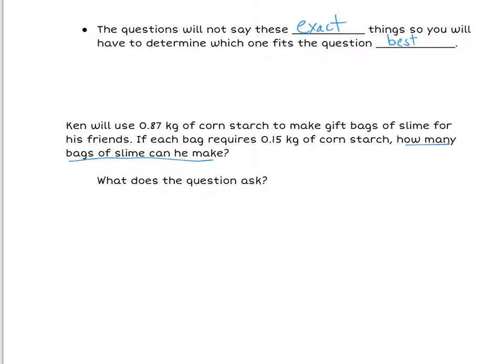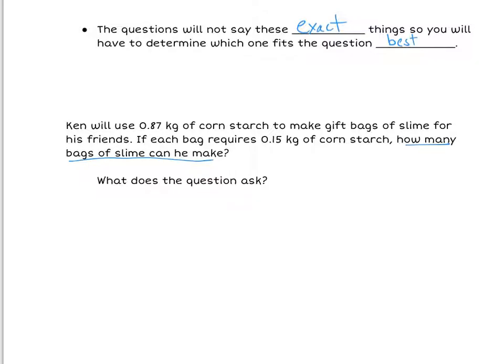I give you materials and I say, how many bags of slime can you make? So if your answer comes out, you can make 2.3 bags of slime. Let's just say that's your answer. Can you make 3 bags of slime? No, you can't. So you're not going to round up to that. You're not going to tell me you can make 3.